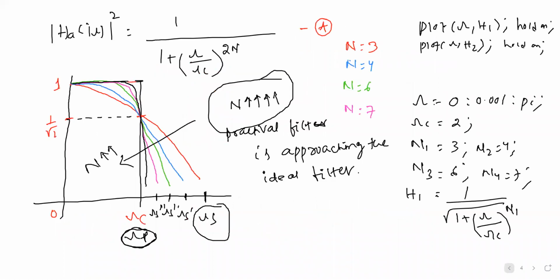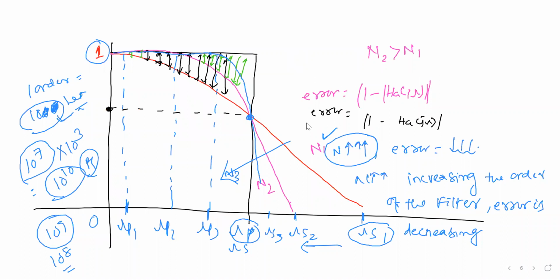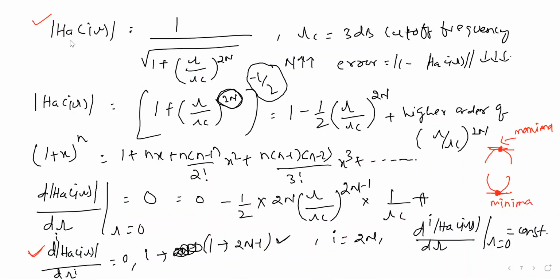After that, we showed how these things happen from the figure. Then we got, when you do differentiation of the magnitude of this filter response, what you observe is that up to 2n minus 1 points, you get the differentiation equal to 0 for omega equals 0.